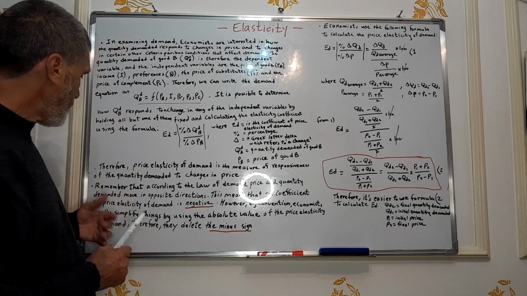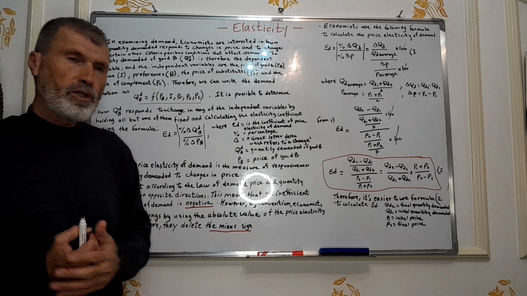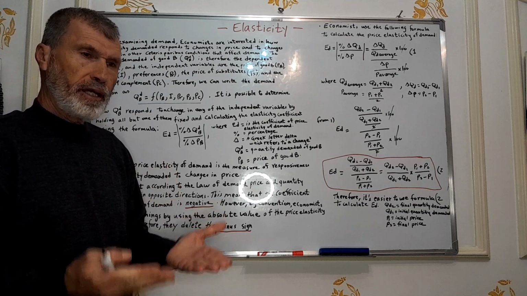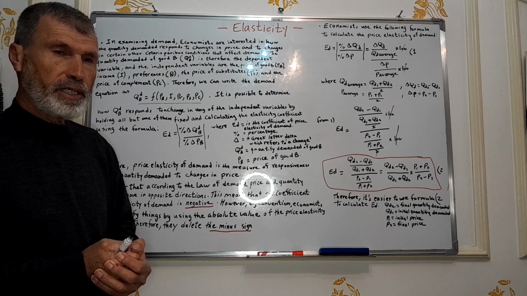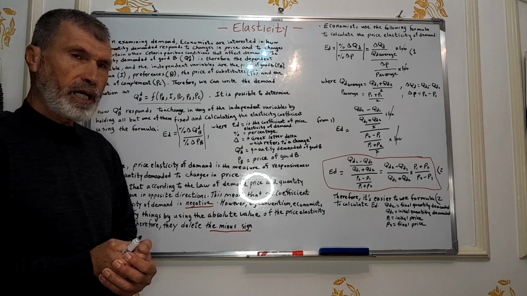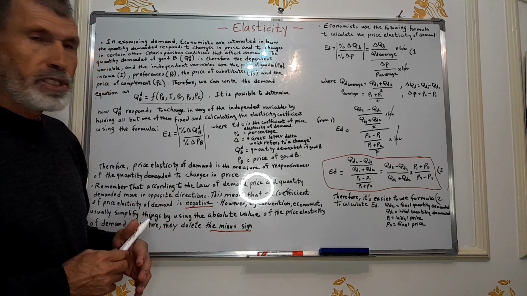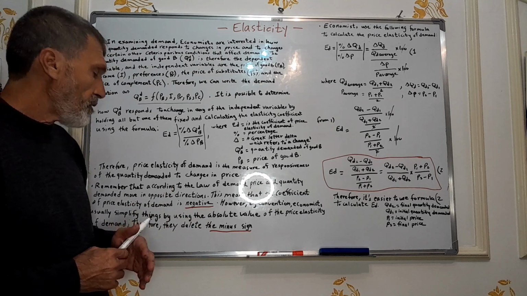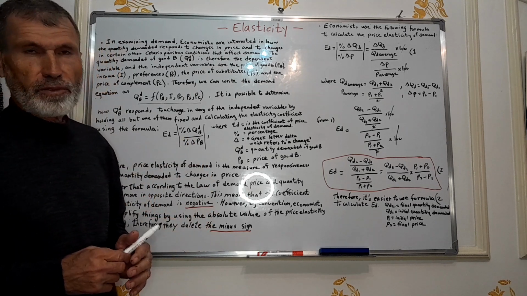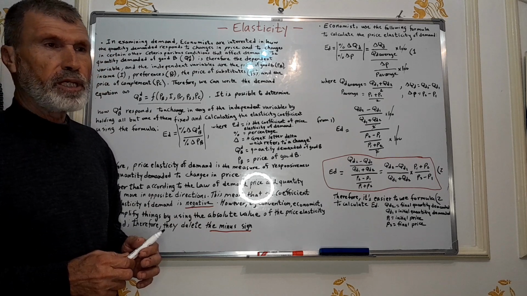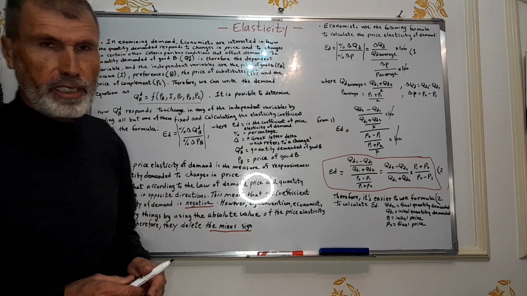As you can see over here, we already discussed this: because of the law of demand, we have an inverse relationship between the price and the quantity demanded, so you will always get a negative value. However, by convention, economists simplify things by using the absolute value of the price elasticity of demand, and so you will get a positive value.